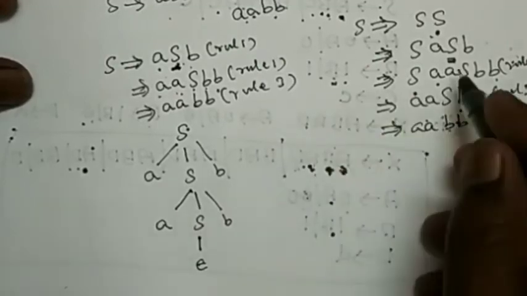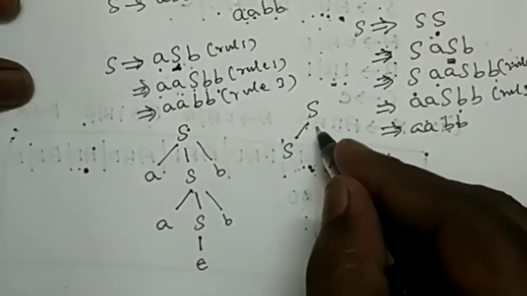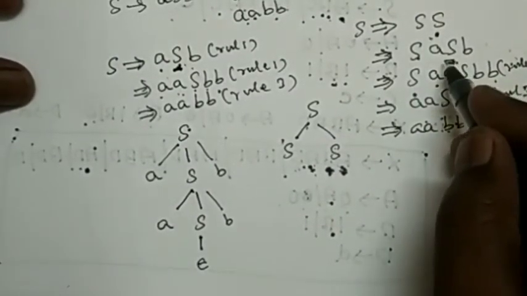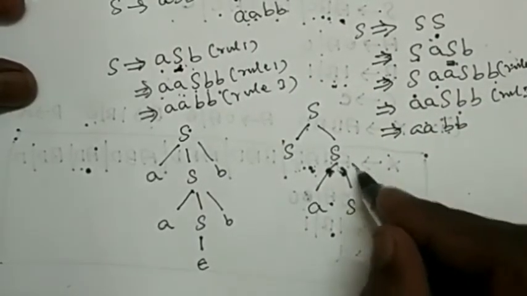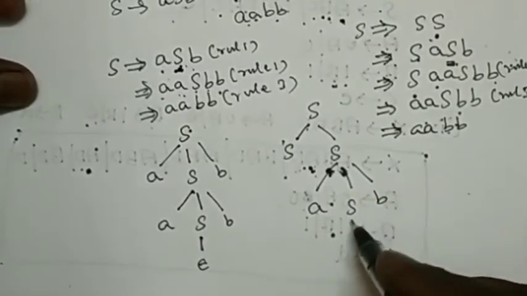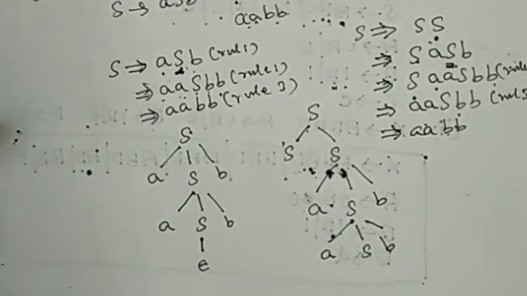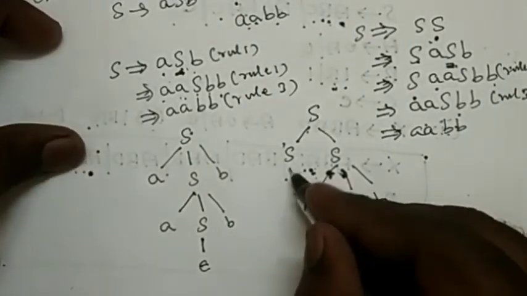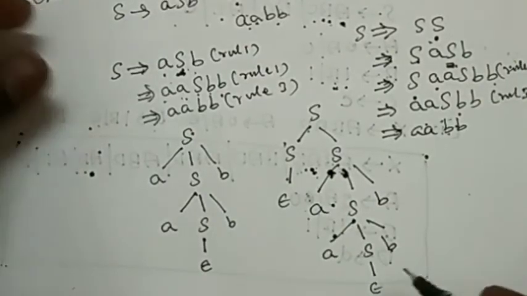Now you take up the second derivation. S tends to S and S. I am not touching the first S; I am touching only the second S. The second S is derived as A S B, and again the second S is derived as A S B. Now the first S is replaced by epsilon, and the second S is replaced by epsilon.